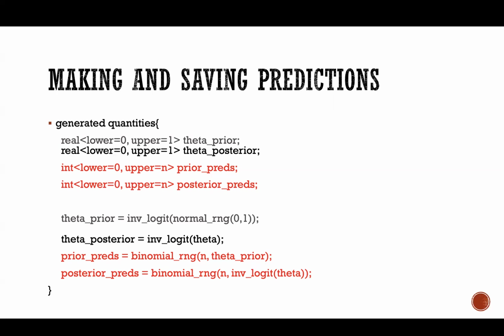Same likelihood function with the same parameters, but random number generators. We fit one to the theta prior, the other to the theta posterior, and we save the outcomes here.